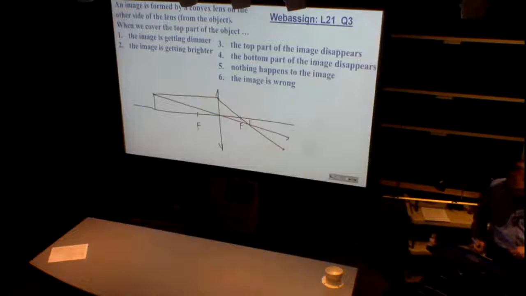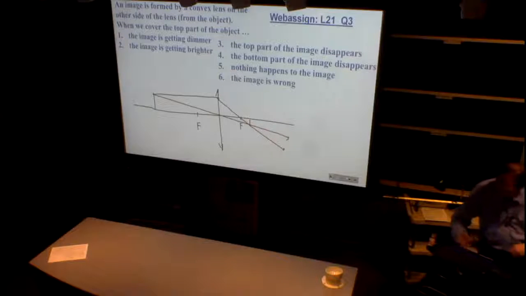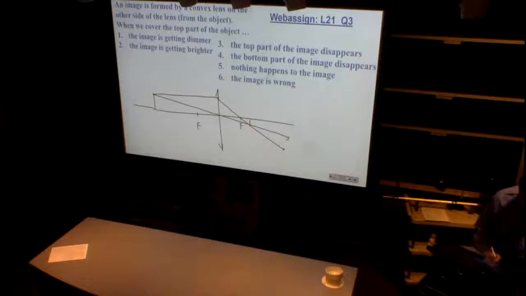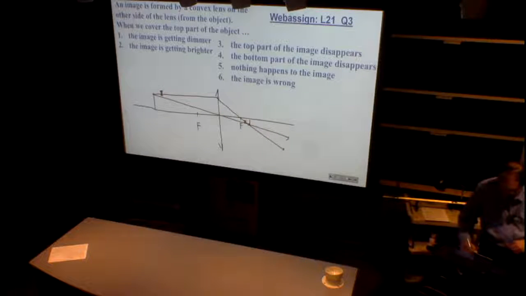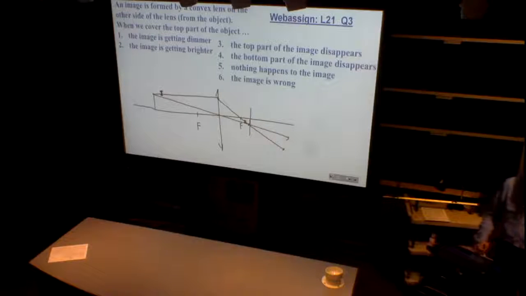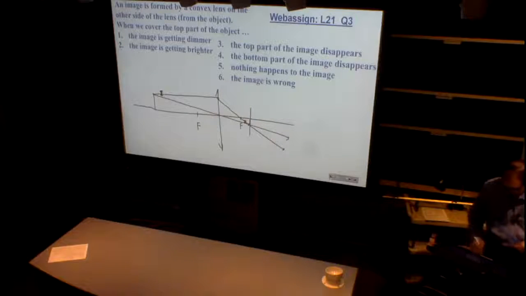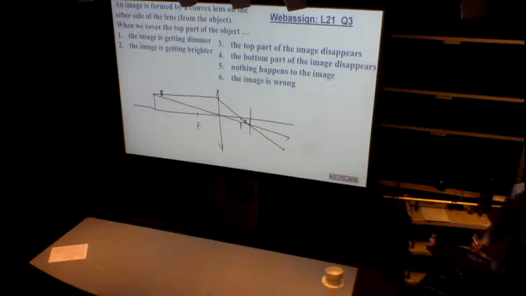So if I start covering this part, these rays cannot reach the screen. There is a screen right here. We need the screen to look at to see that image. That's it.